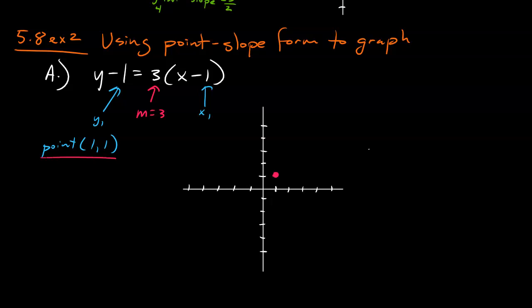If I have the point 1, 1 and the slope of 3, well, then I'm still going to go from this point, and the slope just tells you how steep your line is. So I know it goes through this spot, and I know it has a steepness of 3 over 1. So I would go up 3 and to the right 1.